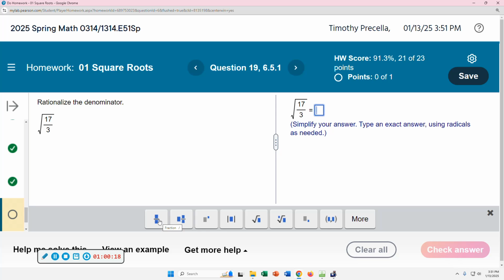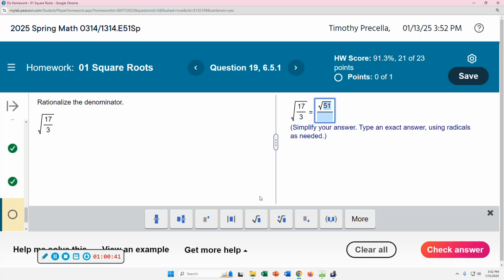This thing beside it is a mixed number. Algebra doesn't lend itself to mixed numbers. I've never used that key anytime during any math course with my math lab. When you use the fraction, and now I need a square root of 51, so I go square root 51. Then I click down on the bottom. What do I have on the bottom? 3. I check my answer.